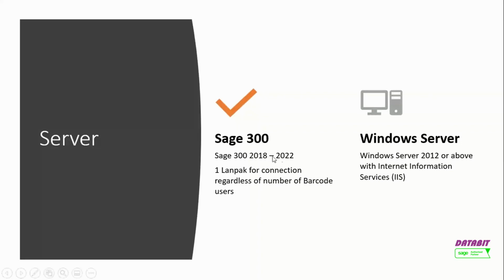So if you have a client that needs integration to an older version of Sage, like 2017, 2015, we might have to look at it on a per project basis, just so that we can check if the function that we want can still work with that old version of Sage.